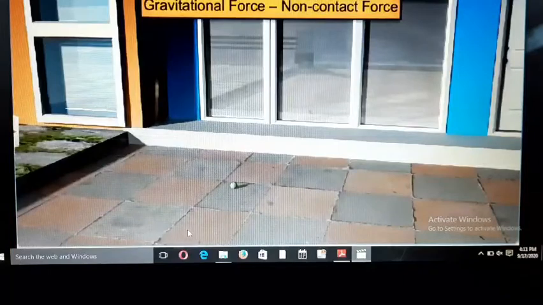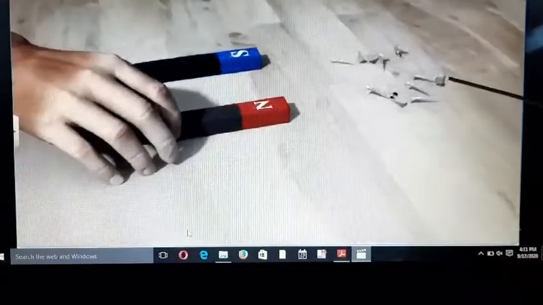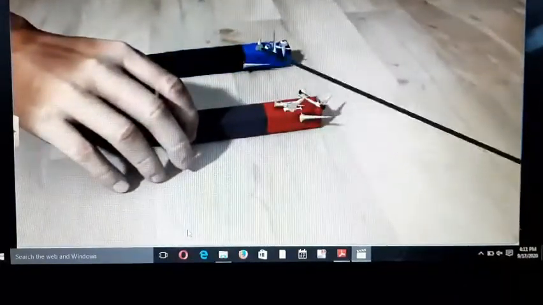So this is a non-contact force. In the same way, look here. Here now we have one magnet and here some needles are available. They are attracted towards the magnet. So this is a non-contact force. So magnetic field and gravitational field are non-contact forces.